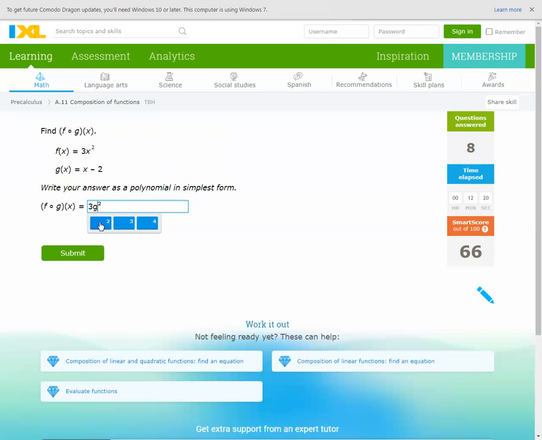Then, instead of g, I am going to write its rule. Okay, the rule of g is x minus 2. Here I have to expand.